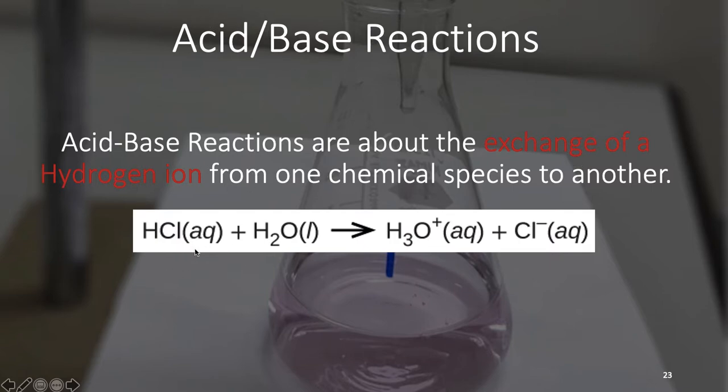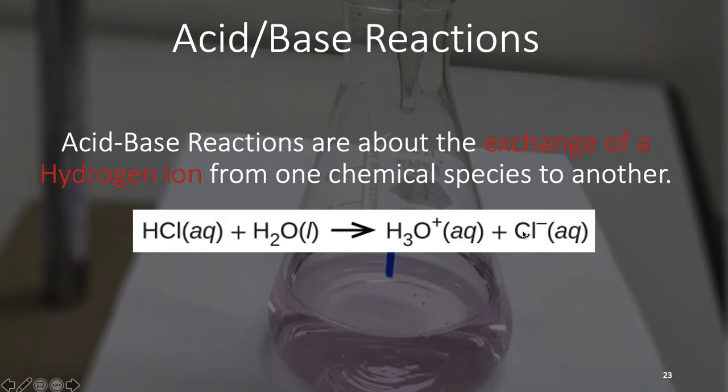In this example over here, if I have HCl, hydrochloric acid, and I put it in water, water can act as a base, and what I have is the transfer of this hydrogen ion from the HCl species to the H2O, to the water, to form, and now because it's got an H+, it becomes H3O+, and then I have left behind my Cl-.